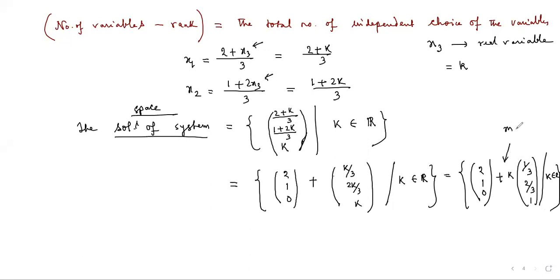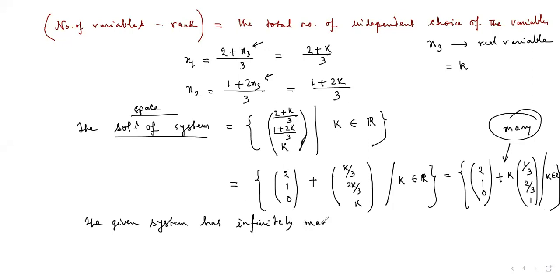The number of choices for k is many, and therefore the given system with which we started has infinitely many solutions.